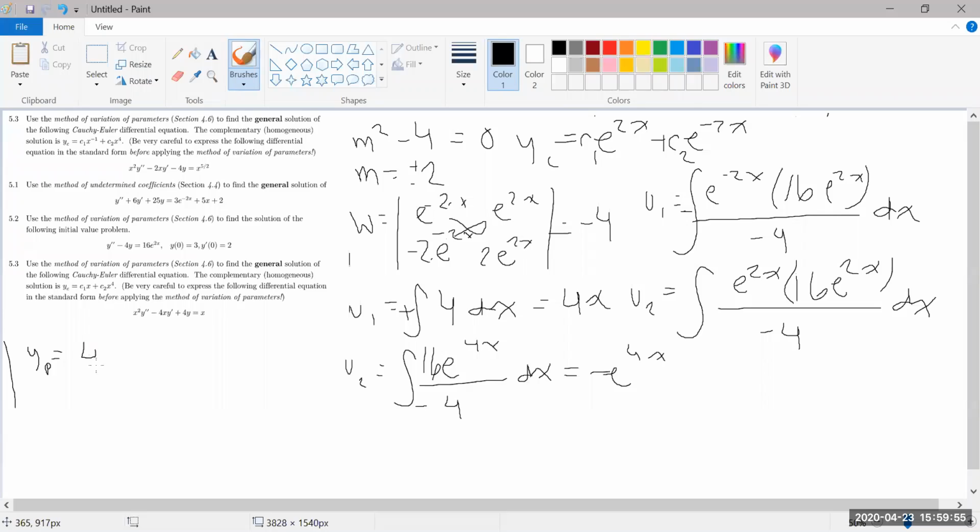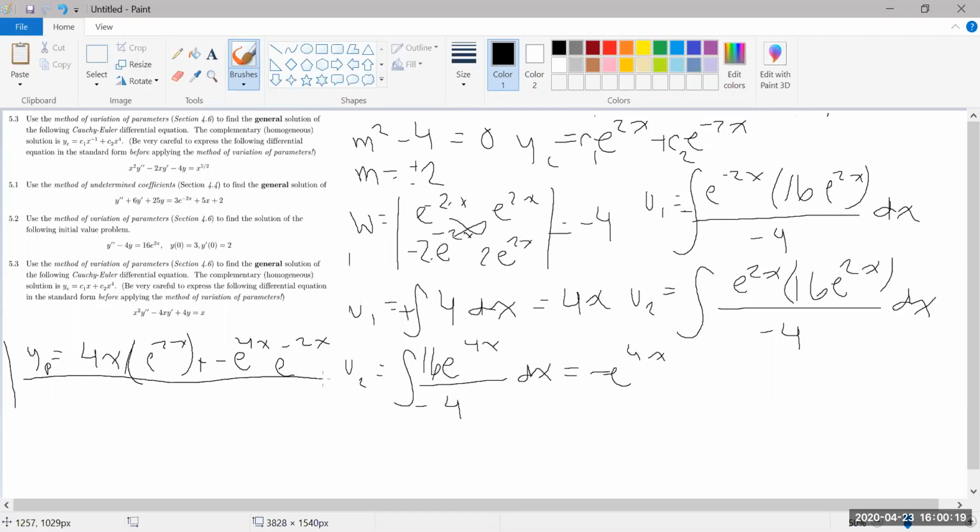So we get 4x times e to the 2x, and then plus negative e to the 4x times e to the negative 2x.